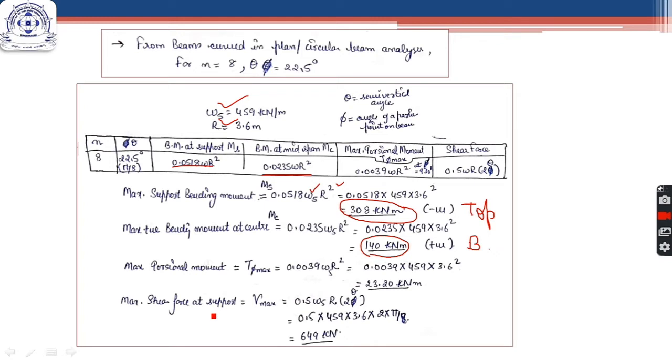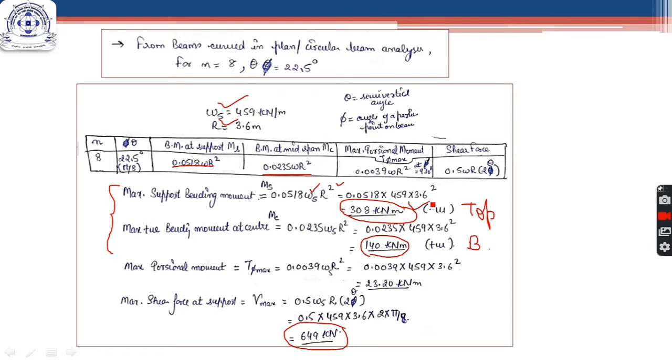The maximum shear force we have also calculated, as the formula for this is 0.5 W R into 2 theta. Okay, so 0.5 into W R into R into 2 into pi by 8 is coming out to be 649. This is the maximum shear force coming at support. Now from all these moments we find out which is the maximum.